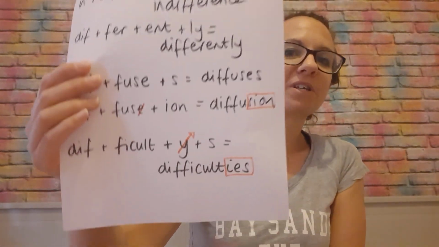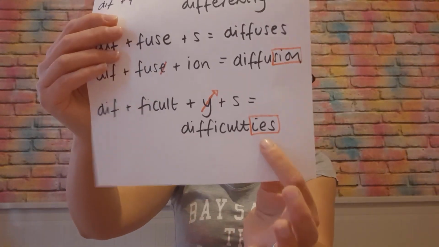Having a few not easy feelings with this. So I love that one personally about difficult. So difficulties with the IES. So they are our main words. You need to pick some to write your sentences with. I would suggest you do difference, and then maybe one with different, and then do something to do with difficult or difficulties, because they're the words that you actually are going to use most in your writing.